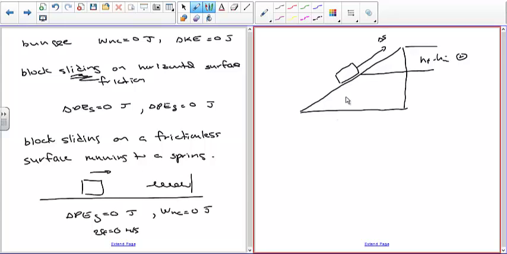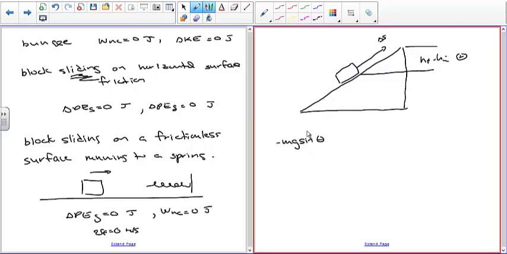And there is friction, there is a change in gravitational potential energy as this thing moves up, and there is a change in kinetic energy. So you'd end up with minus mg sine of theta.